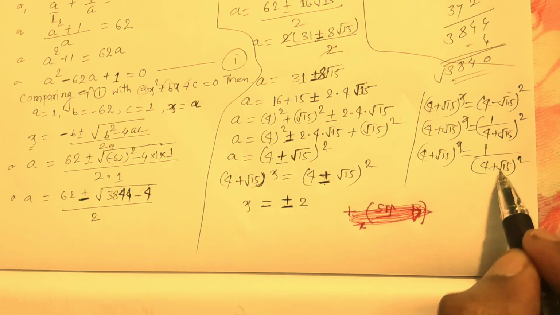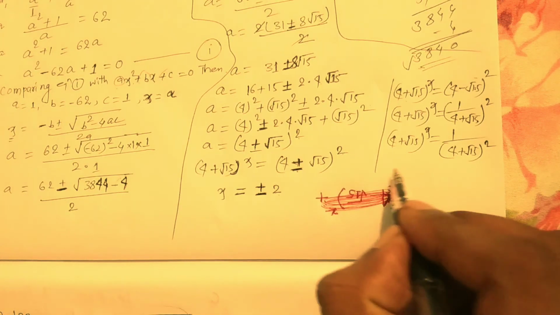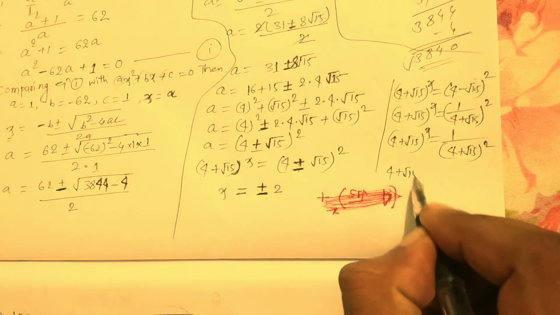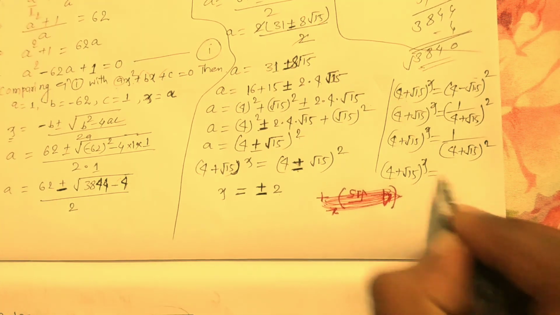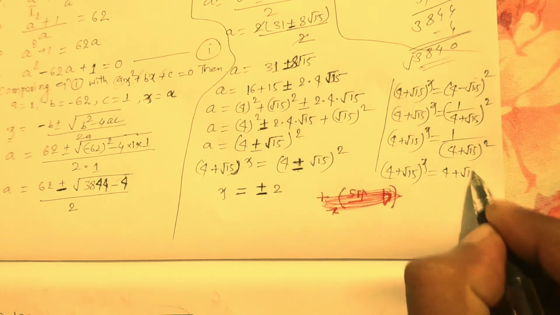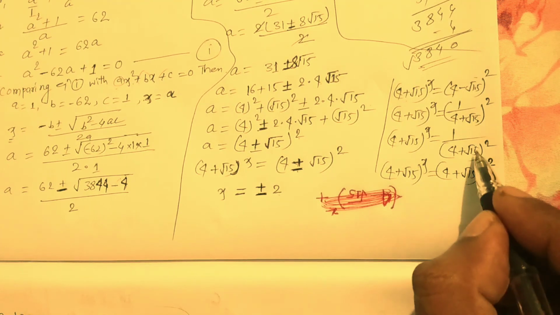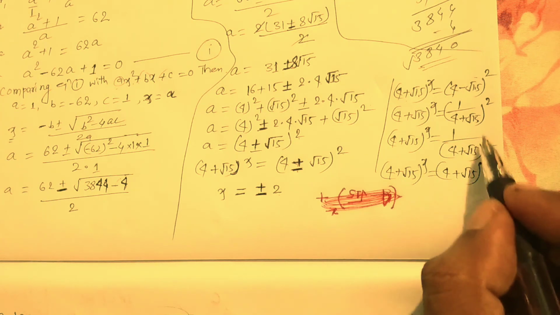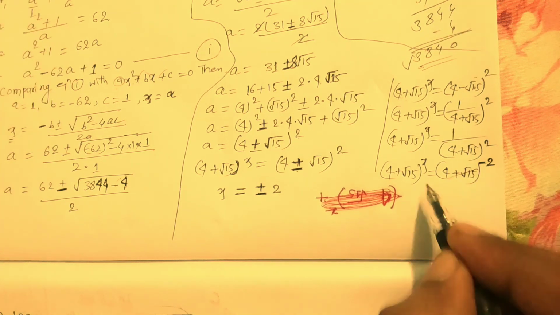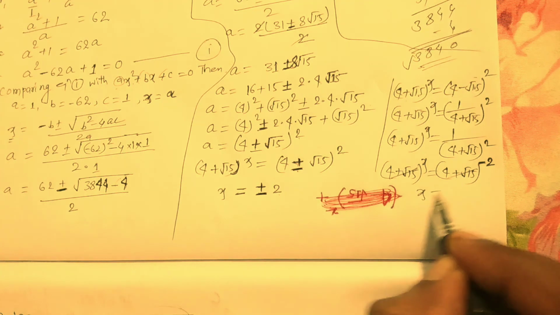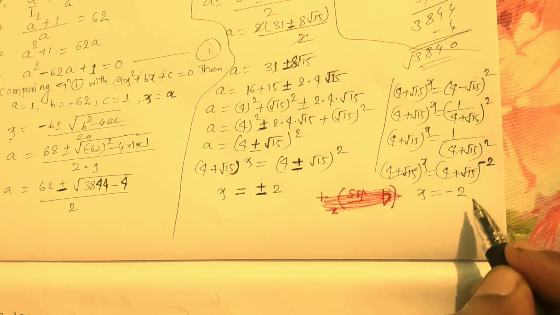Now if we bring it to the numerator, then (4 + root of 15)^x is equal to (4 + root of 15)^(−2). This will have a negative sign because we bring it to the numerator. Now the bases will be cancelled and finally we got x is equal to minus 2.